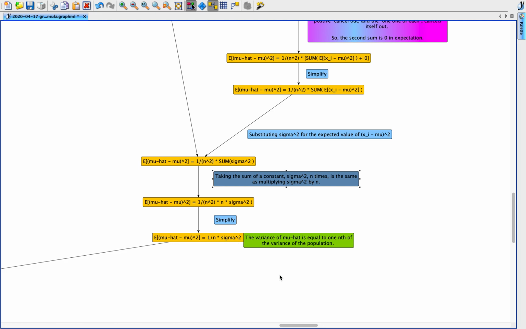So the variance of mu hat, if we take a bunch of samples and take sample means for all of them, so we get a bunch of sample means, and we measure how much they vary, the variance of those sample means is equal to 1/n of the variance of the population.